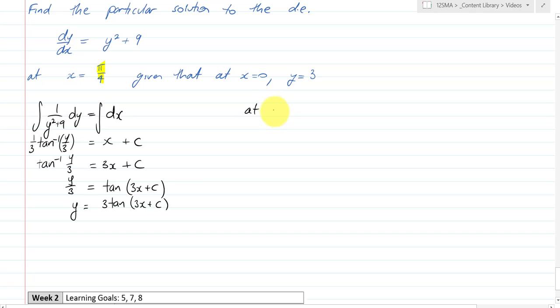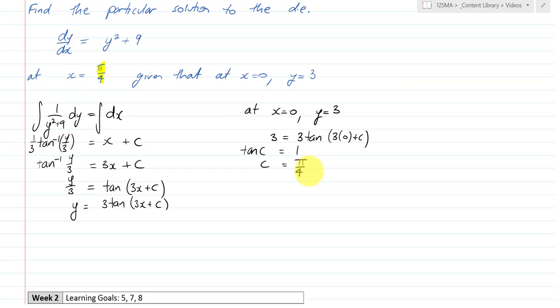We also know that at x equals 0, y is equal to 3, and so we get 3 is equal to 3 tan of 3 times 0 plus c, and so we have tan of c is equal to 3 divided by 3, which is 1, and so therefore c is equal to pi on 4, or negative pi on 4, or 3 pi on 4, whatever, but basically it's just a phase shift to the same function shifted enough to look exactly the same.